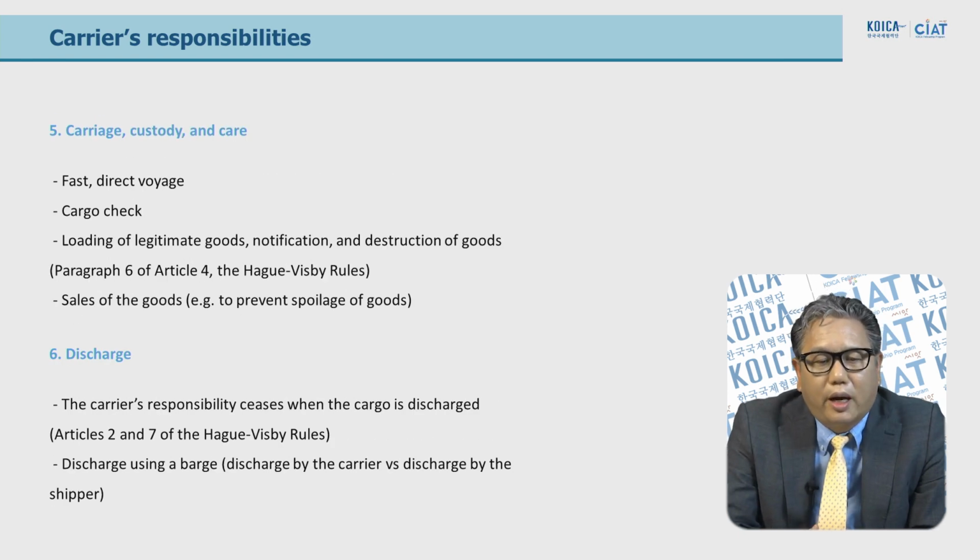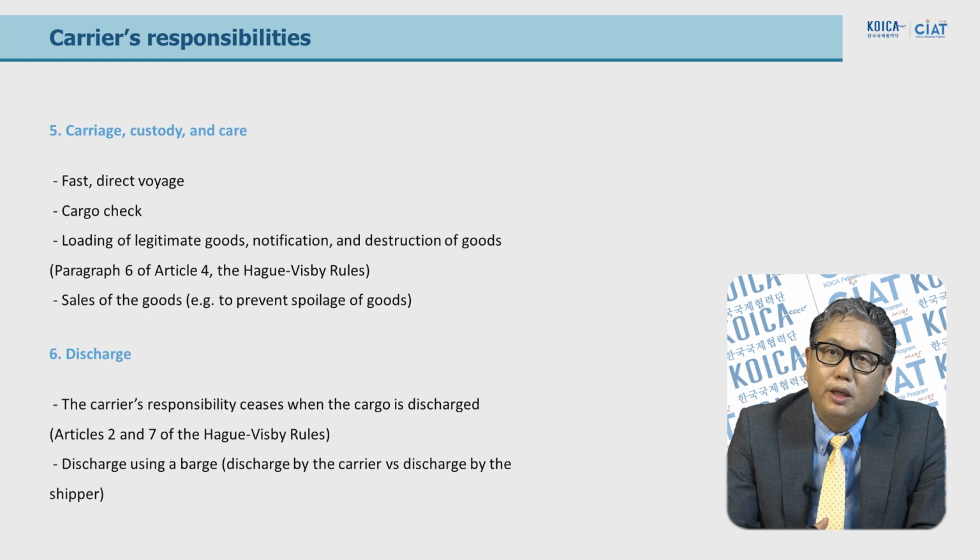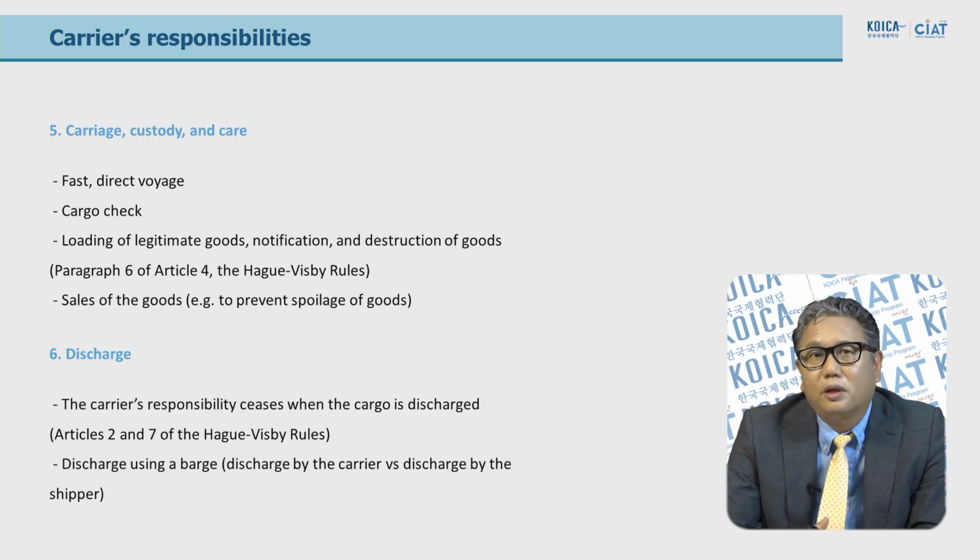Number 5 is carriage, custody, and care for the cargoes. Responsibility for the carriage, custody, and care of the cargo means that the carrier is responsible for ensuring a direct voyage and checking that the cargoes are carried taking into account the nature of the goods.